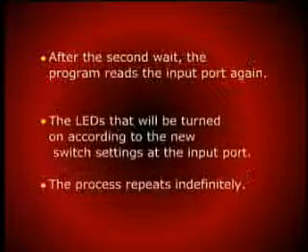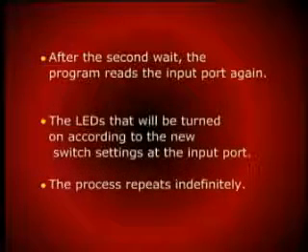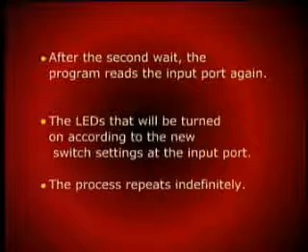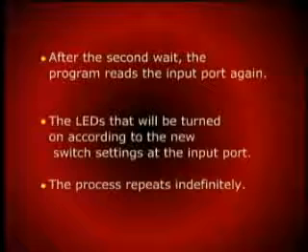Again, it waits for some amount of time, and after waiting, the program reads the input port again. The LEDs that will be turned on at the output port will now be according to the new switch setting, which is available at the input port. The process repeats indefinitely, and this loop is just shown in the corresponding flow chart.